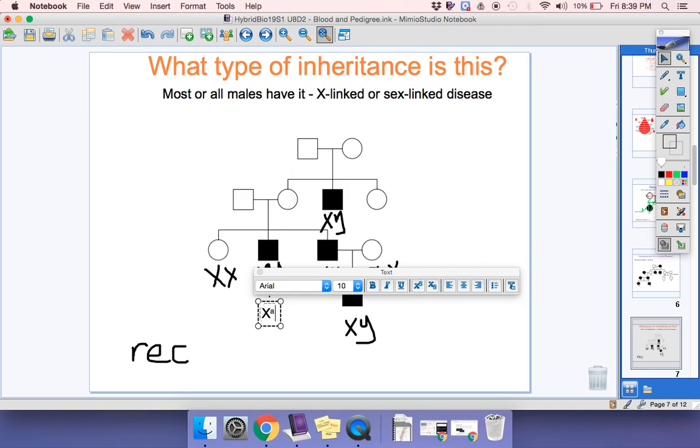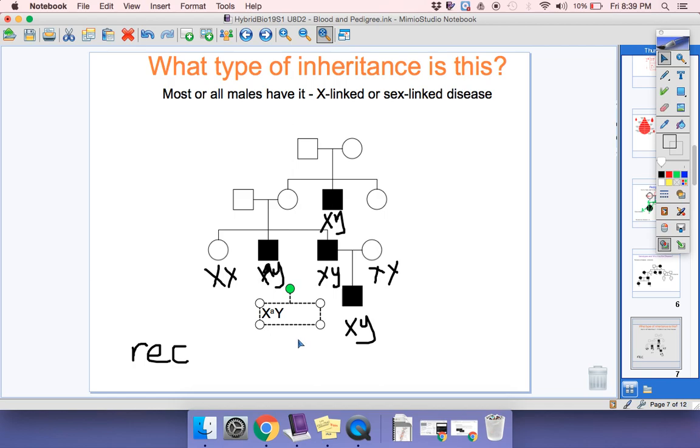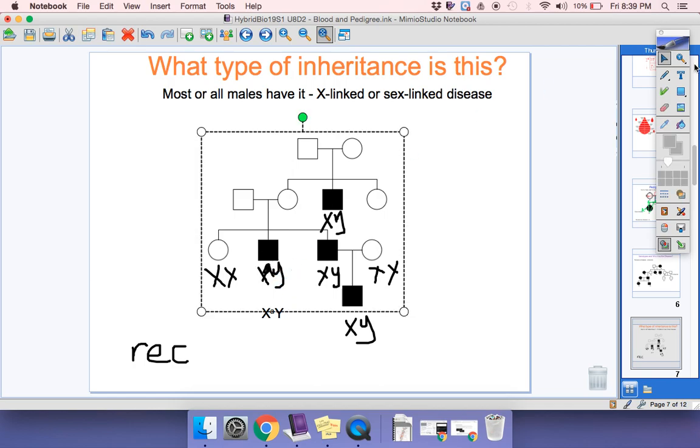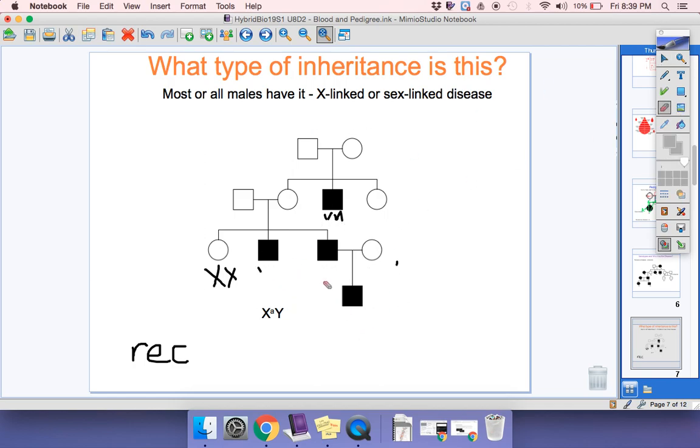Okay, so let's say you'd have an X, little a, Y, and any of the boys that have the disease would get that as well.